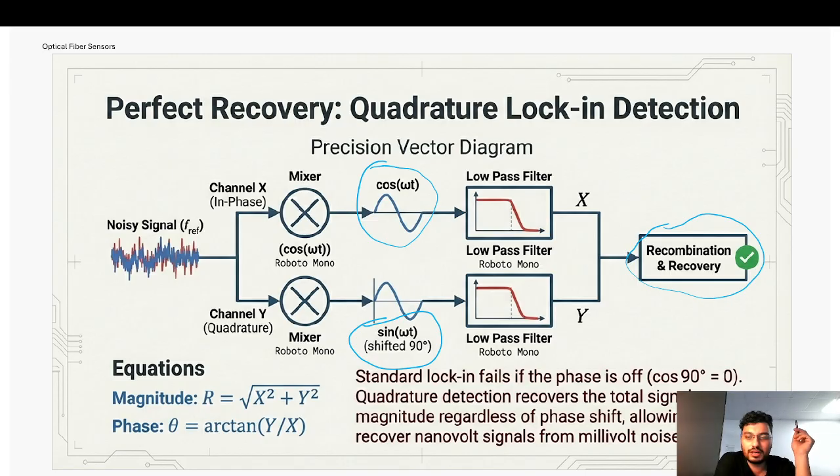After recombination you will get the proper signal, reducing the noise. And the magnitude will be R equals the square root of X squared plus Y squared, and the phase will be tan inverse of Y by X.